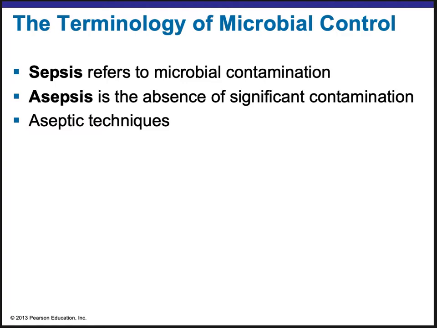Okay, so before we get started, let's remind ourselves of some terminology. Sepsis means contamination, and asepsis, the A means without, right? So asepsis is the absence of, and we would really say significant contamination, because the only way to be actually without contamination would be to be sterile, right? So asepsis doesn't mean sterile, but it means no significant contamination.